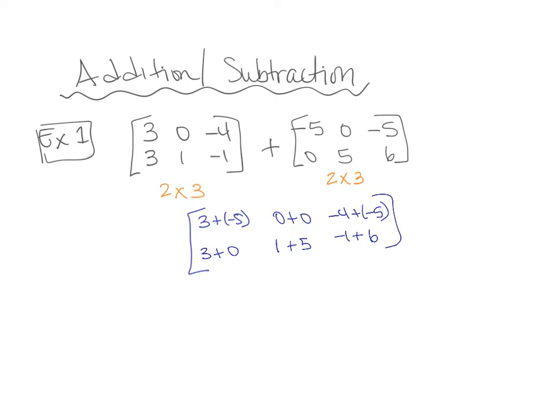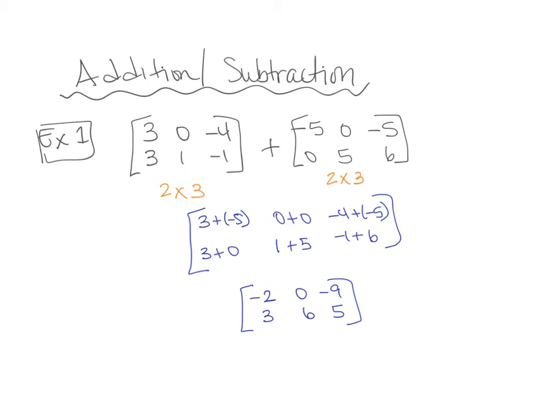Now we can simplify these by adding our numbers together. 3 plus negative 5 is negative 2. 0 plus 0 is 0. Negative 4 plus negative 5 is negative 9. On the bottom, in the second row, we would have 3, 6, and 5.